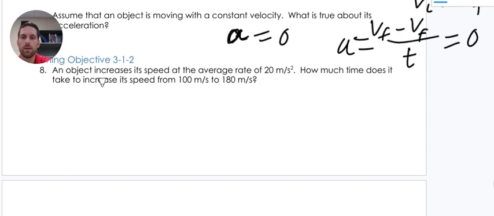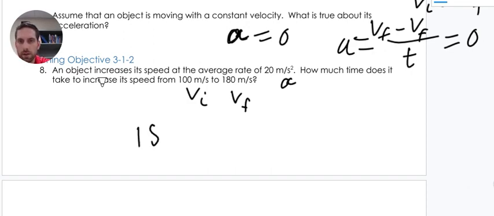Right. The object increases its speed at this average rate. This is going to be acceleration because it's meters per second squared. There's that s squared thing. And it's from 100 initial to final. V final, 180. So we want to use our equations. I will plug in my numbers first.